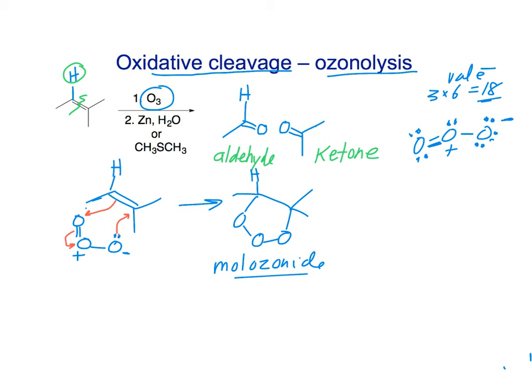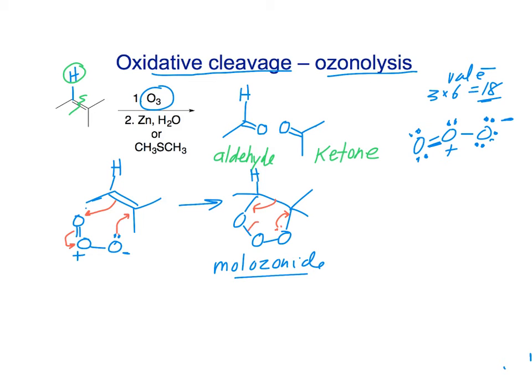All right, so this goes through some really interesting step here, and the book doesn't actually show us this, but I think it's cool, so I'm going to show you. So the next step here is for one of these oxygens, we could draw it either way, to go down and form a double bond here, and we're going to cleave the carbon-carbon bond.